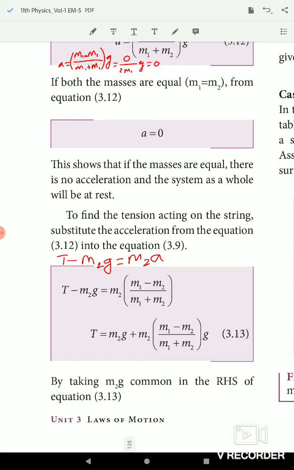So T in this m2g is right side, so T equal to m2g plus m2 into (m1 minus m2) divided by (m1 plus m2) into g.